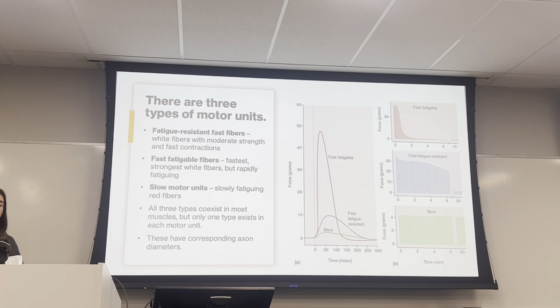Okay, if we were to look in a muscle, we usually see that all three types coexist, but within a motor unit, it's one or the other, right? So you might have a few motor units of these fast fatigable fibers, and then in the same muscle, you have other motor units that are the slow motor units.